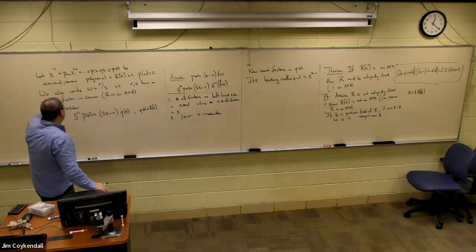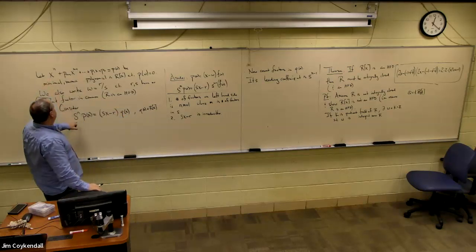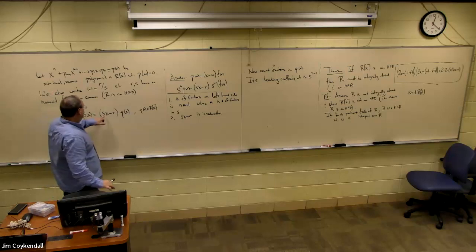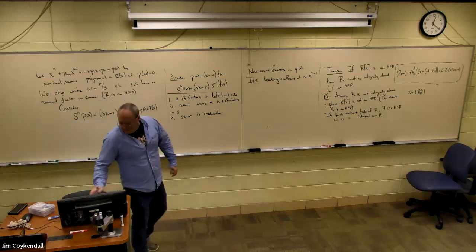Because of course, p of x is monic, so its leading term is x^n, the leading term of this is s, so the leading term of Q has to be s^(n-1).